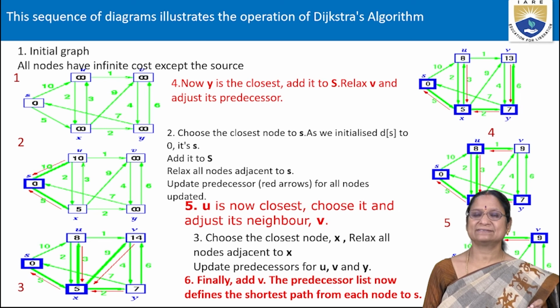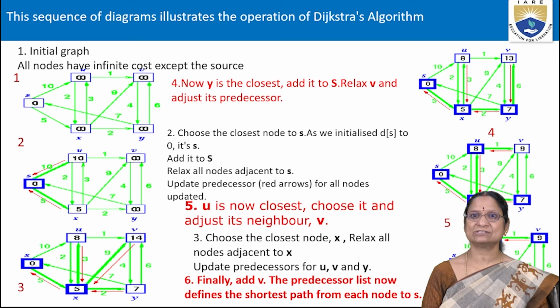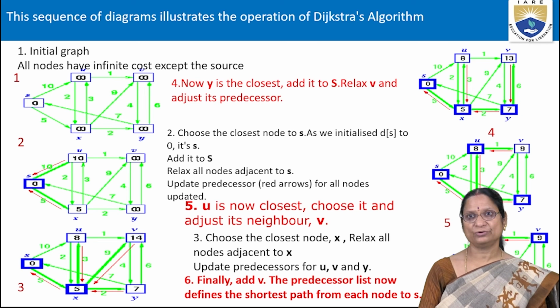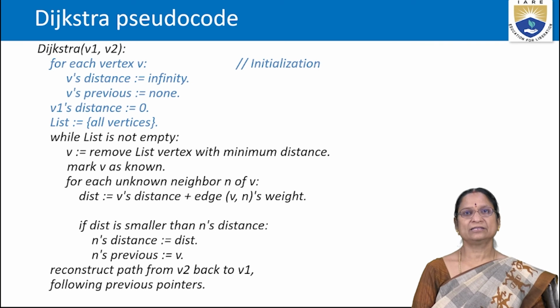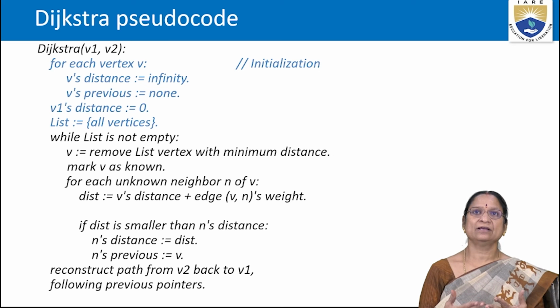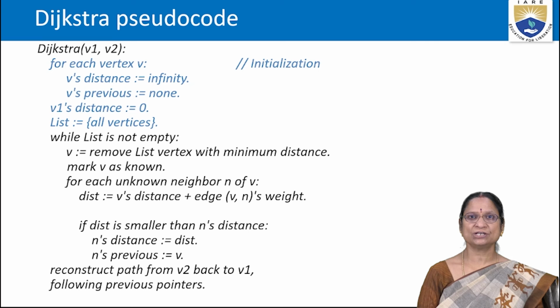Whenever we are updating, we also update the respective predecessor. That's why the predecessors provide us the path to the respective nodes also. So this is the algorithm. The algorithm is implemented using either priority queues or an array representation. We always have to take the minimum value.